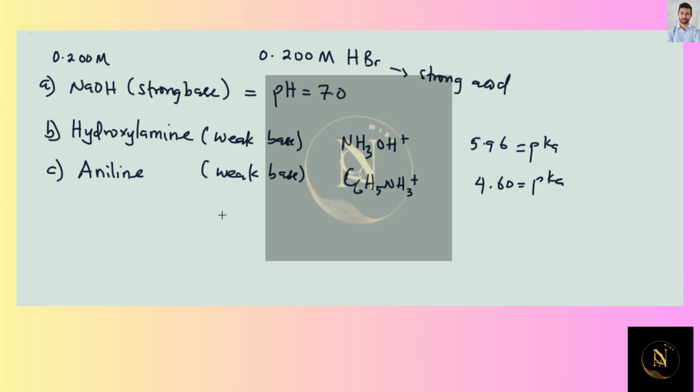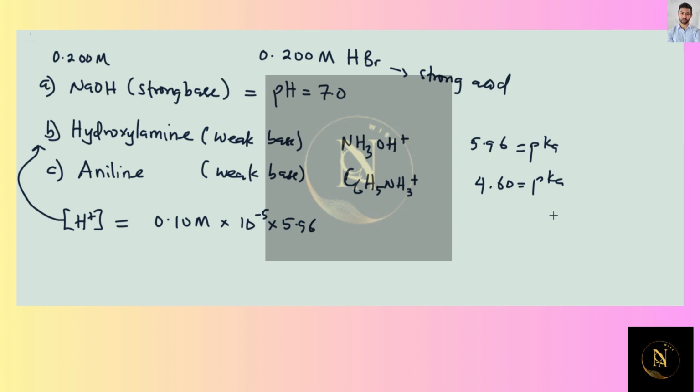So now we can determine the concentration of H+ for each of them. H+ for hydroxylamine will be the square root of 0.10 molar multiplied by 10 raised to power minus 5.96.